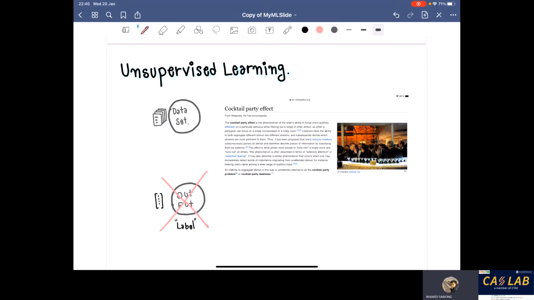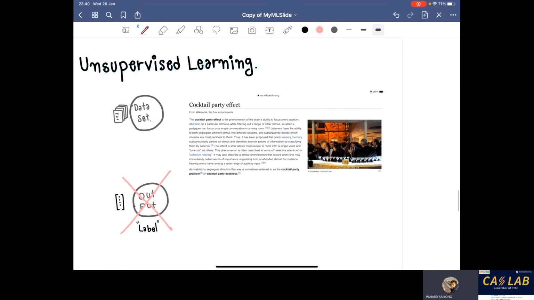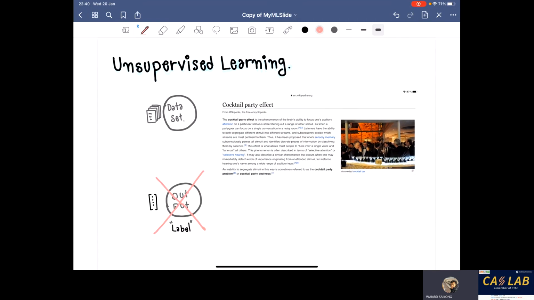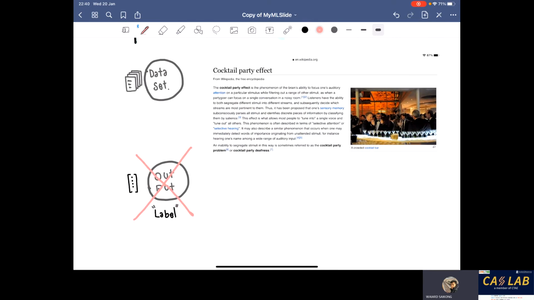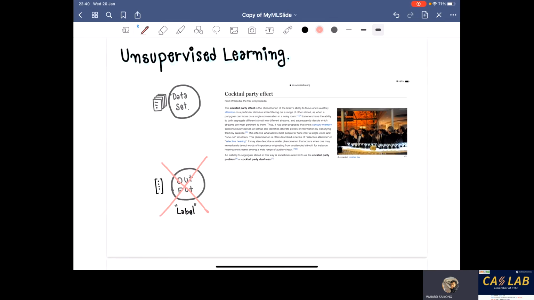This is because the machine can cluster the data based on the relationships among the variables in the data. For example, an example of unsupervised learning is the cocktail party algorithm. For example, you want to identify individual voices and the background music at a cocktail party. That is unsupervised learning.